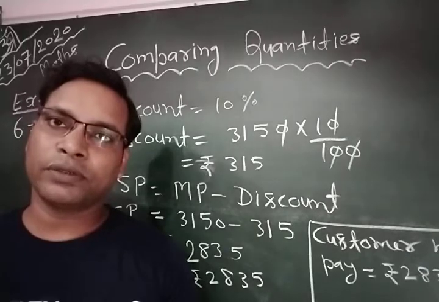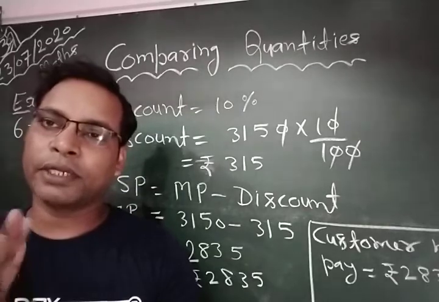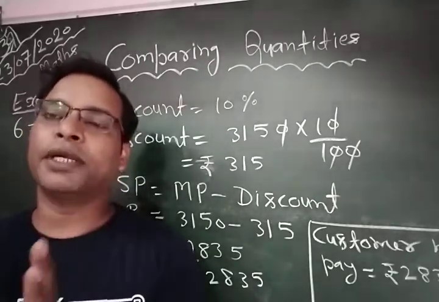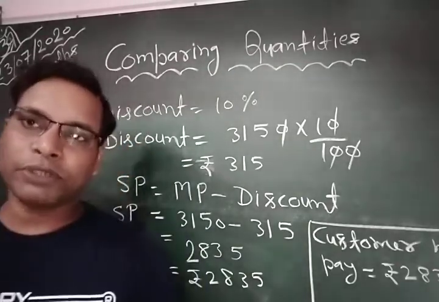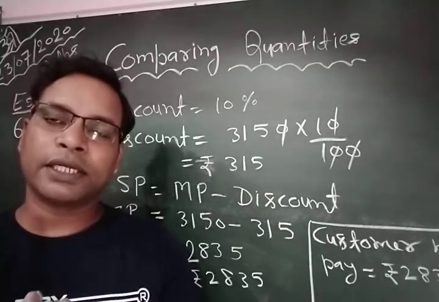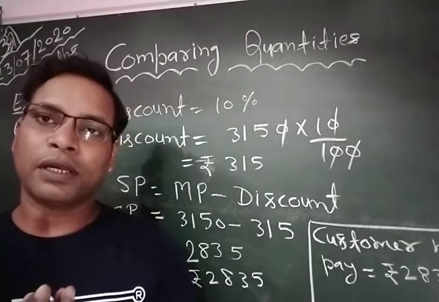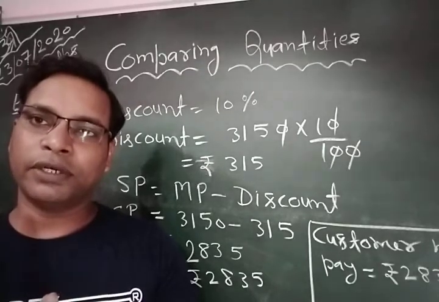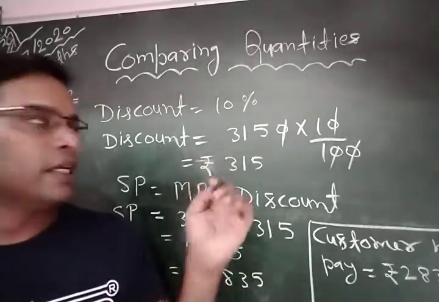Clear? And the marked price of one pair of jeans is given as 1,450 rupees. So we find the total marked price of the pair of jeans and the pair of shirts. Pair of shirts means two shirts. So the MP of the jeans is 1,450 plus 1,700 rupees, and when we sum it we get 3,150 rupees.